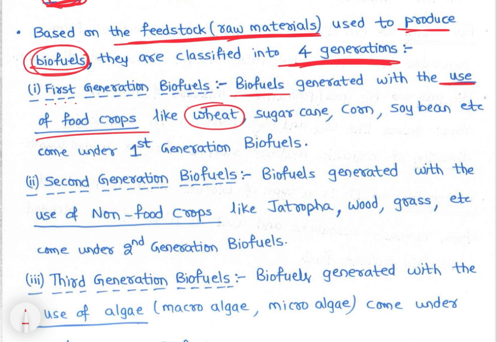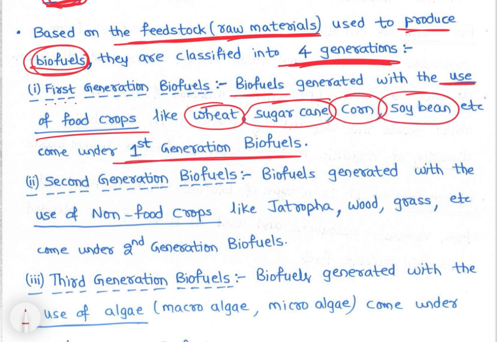See, wheat is a food crop, sugarcane is a food crop, right? We make jaggery with sugarcane. Corn, soybean, etc. These come under first generation biofuels. Where we use waste of food crops etc. to make biofuel, that is called first generation biofuel.